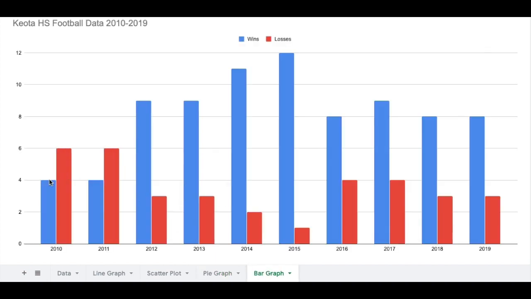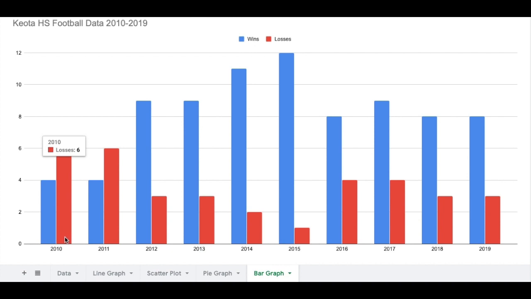So a bar graph is a little bit different. If you notice that there's 2 columns for each year on our x-axis. But if you go to our legend, all the blue columns are wins. All the red columns are losses, which means in 2010, this would be the wins for that year. If you go up, there's 4.